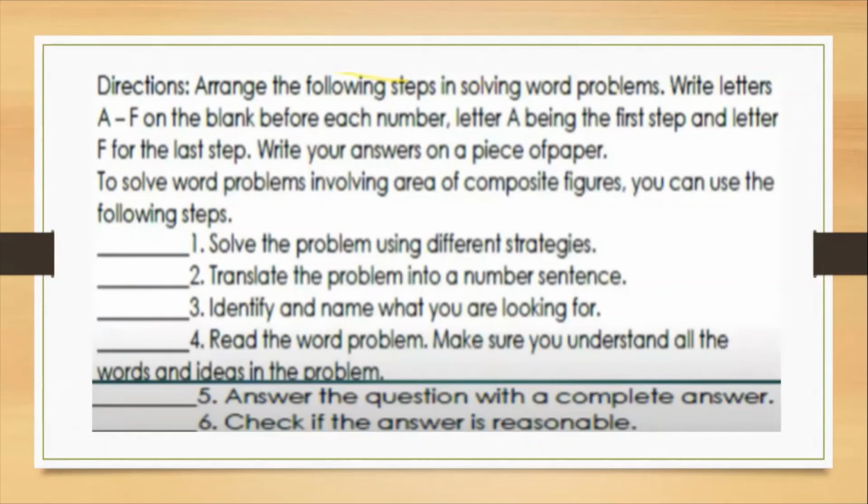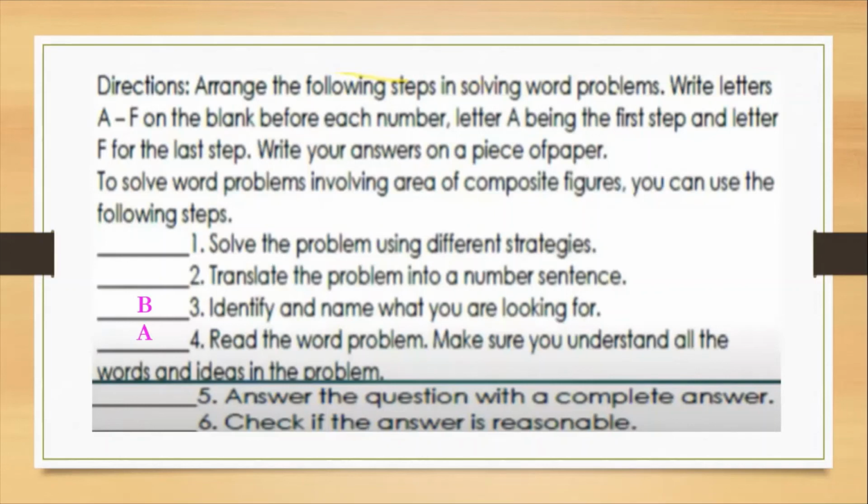So for this one, the first thing that we will do in solving a word problem is number 4. Number 4 will be the letter A. What is number 4?